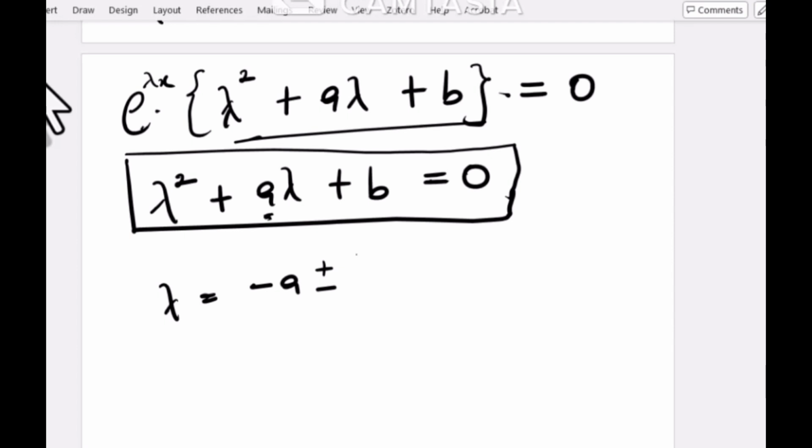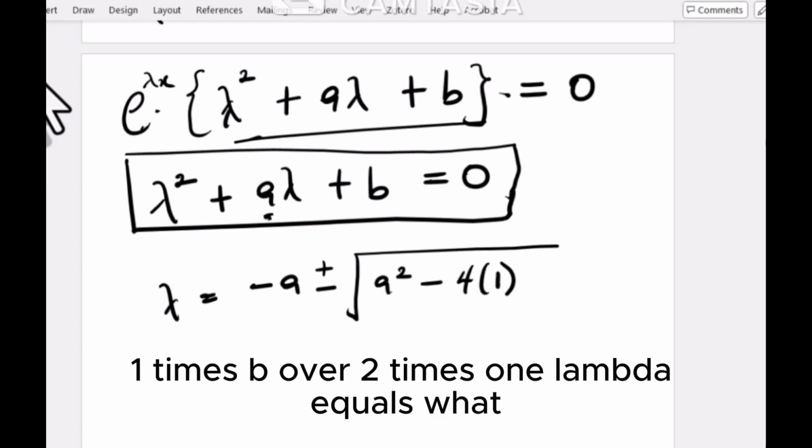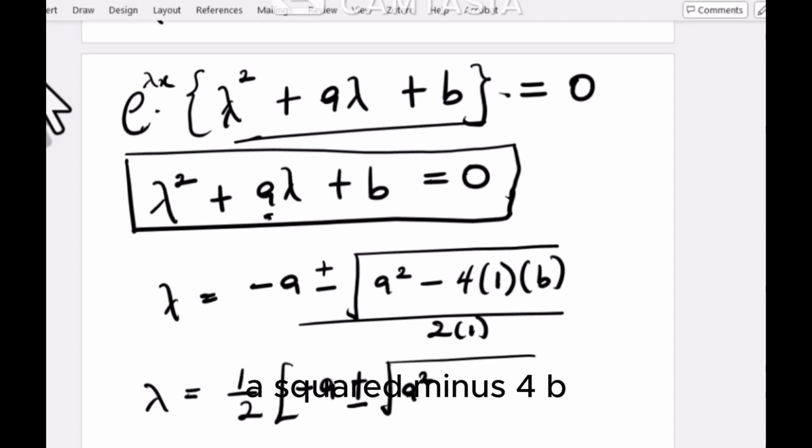So lambda equals minus a plus or minus the square root of a squared minus 4 times 1 times b, over 2 times 1. Lambda equals 1 over 2 times minus a plus or minus the square root of a squared minus 4b.